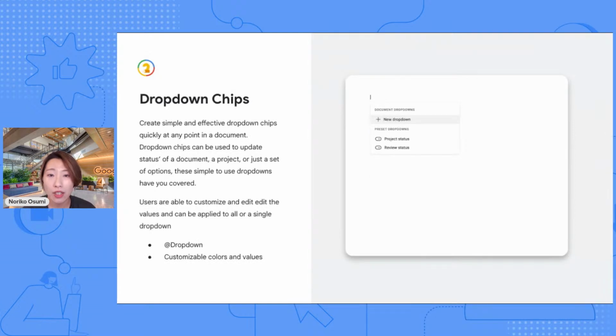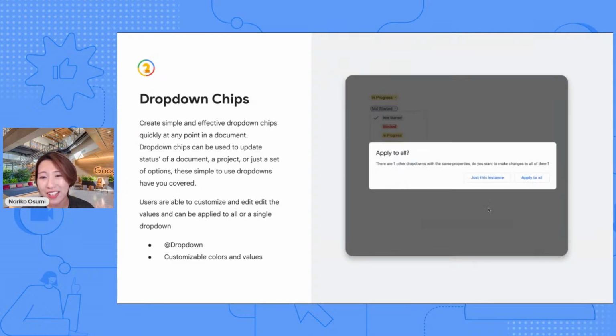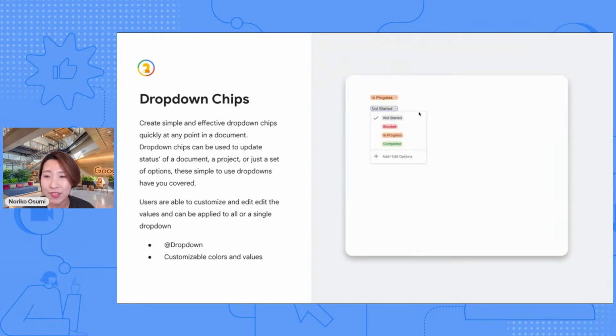So I'll work through some of the most popular smart chips. The first one I'll be working through is the dropdown chip. This chip is pretty much what you think it probably is, which is the ability to create dropdowns very quickly and very easily within Google Docs.